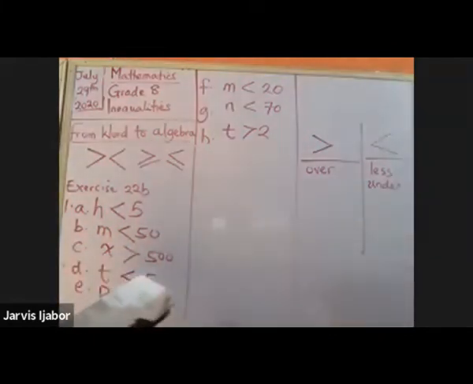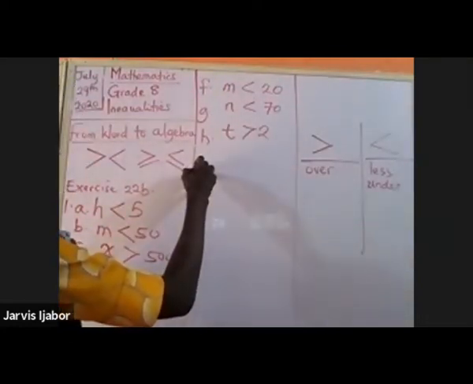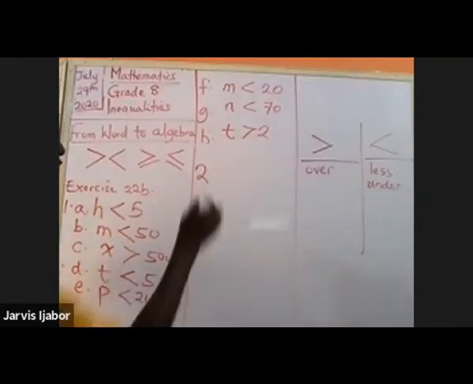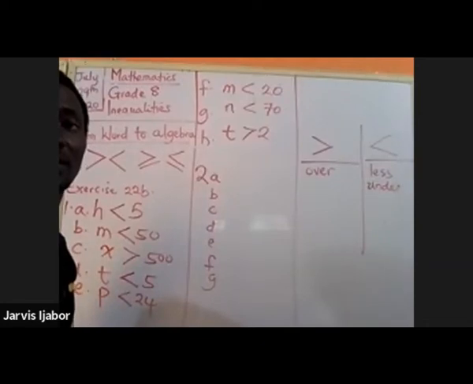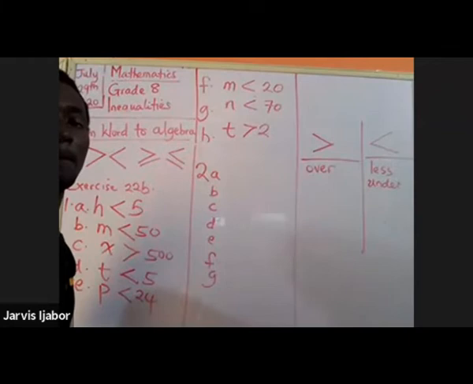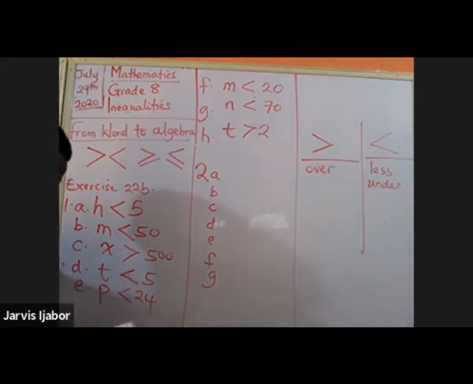Exercise 22B, question 1. So now you do question 2, A to G. So let's do that.